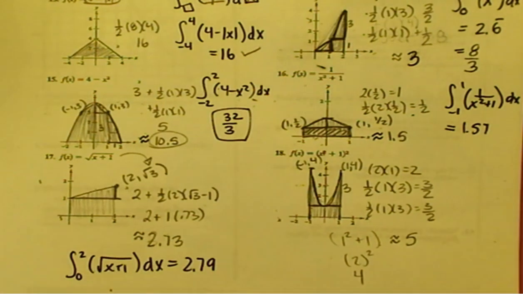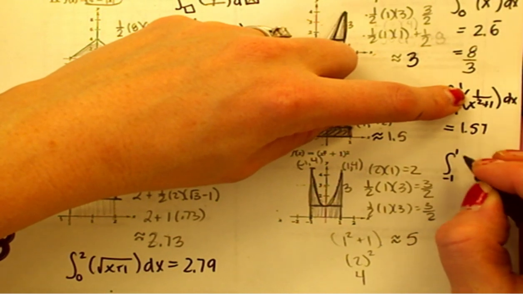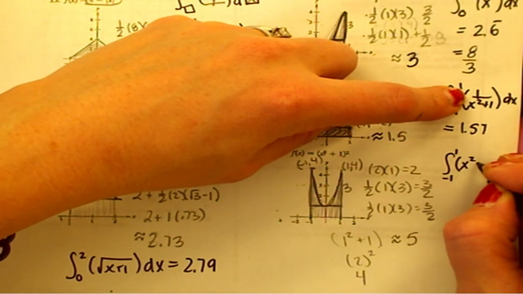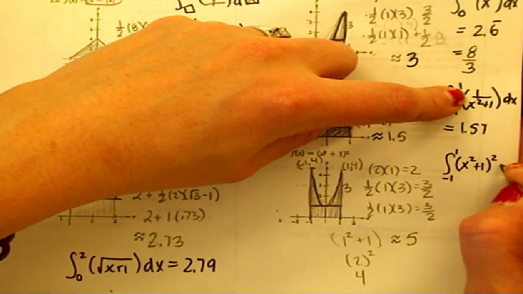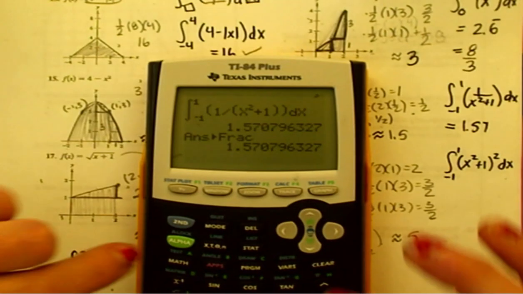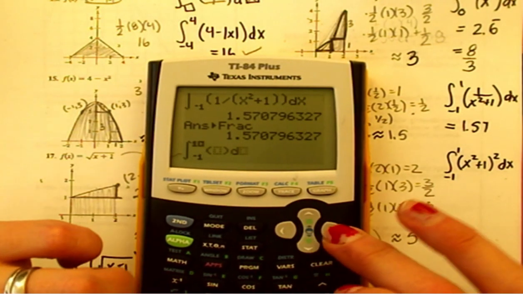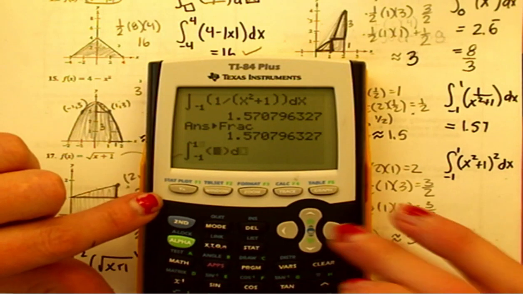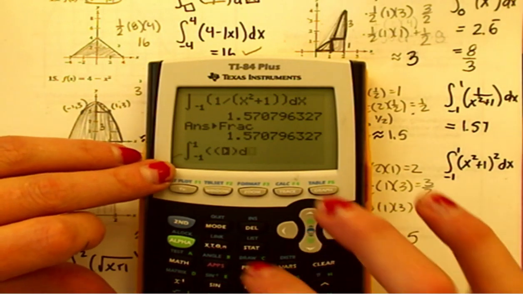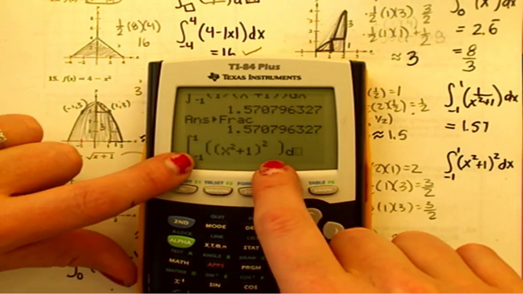Let's type it in to check, okay? The integral from -1 to 1. Math 9, -1 to 1. X squared plus 1. Notice the parentheses here.